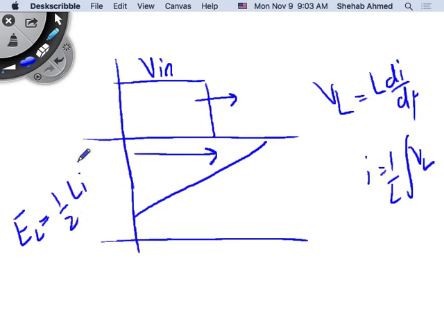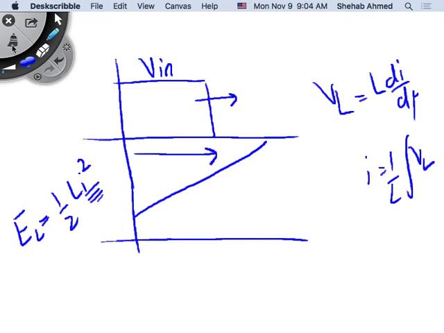Half L i squared. If I increase i, I can store more energy in the inductor. How can I increase i? I maintain this voltage, meaning maintain the switch on, meaning increase my duty ratio of the switch for a longer period of time. Of course, there's a limit, right? There's a limit of this I max that we talked about before, but this is the principle, right?